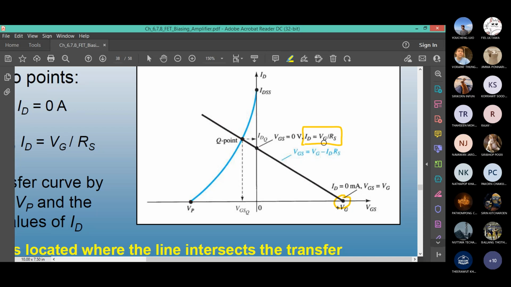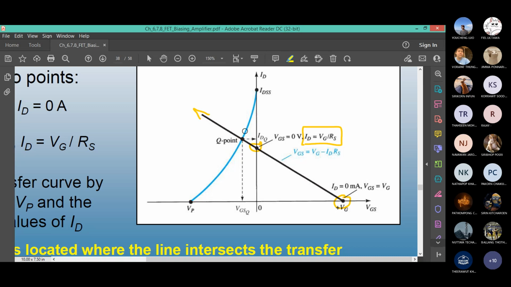You already found it: VDD times R2 over R1 plus R2, and you divide by the resistor. Let's say this is the point. If you join the 2 points with a straight line and keep extending it all the way here, you get a straight line. That is your load line, depending on the circuit. And then you take the Shockley equation, ID equals IDSS times 1 minus VGS over VP, whole squared, right?